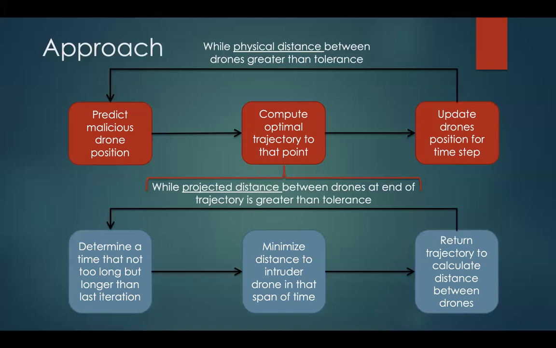And we would do that again. We'd give it a slightly longer time. It would get a little closer, and then we'd see what the distance was, and we'd continue that until that distance was within whatever our tolerance was. And then, as I mentioned before, we would return to the first while loop and update the drone's position using that optimal trajectory along that time step.